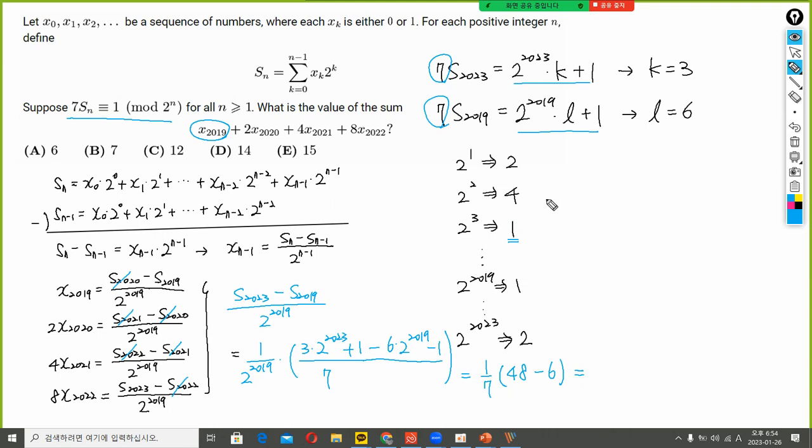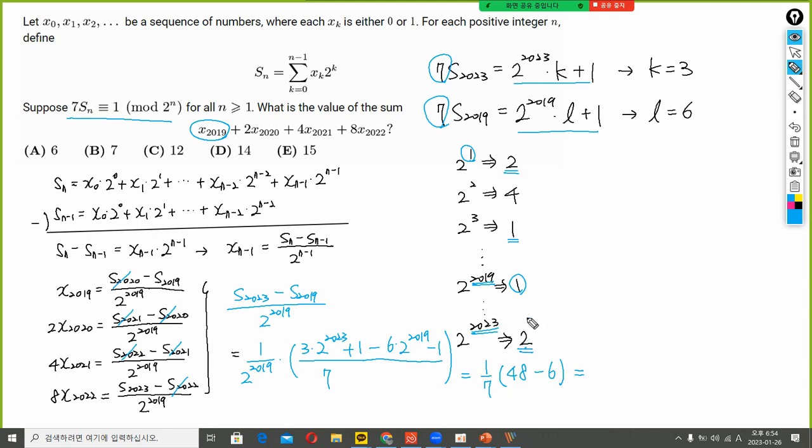So because 2019 is a multiple of 3, the remainder will be 1. And 2023, when it's divided by 3, the remainder is 1. So when it's divided by 7, the remainder will be 2.